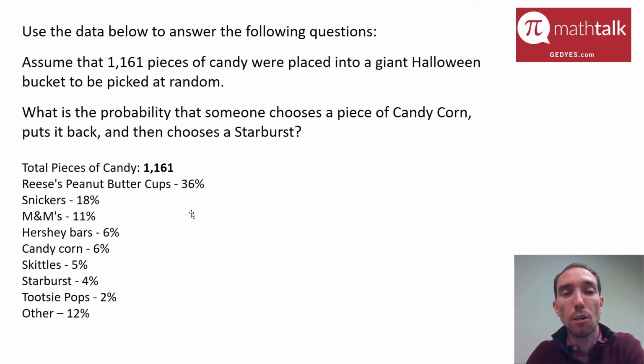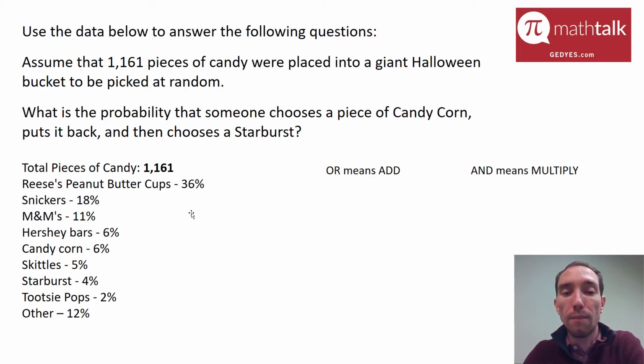So it's important to note the phrase that they put it back, because if they didn't put it back, it would actually change the probability a little bit, because when they go to choose their second piece of candy, there's less candy to choose from, so it changes the probability and how you figure it out. But because they put it back, you're choosing out of 1,161 the first time, and then out of 1,161 the second time. So that's good for us to know, and we're going to use that to solve this problem.